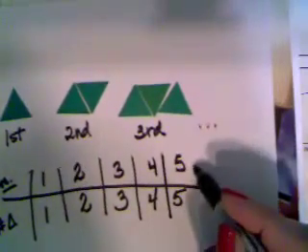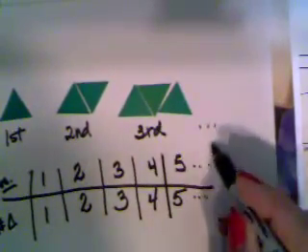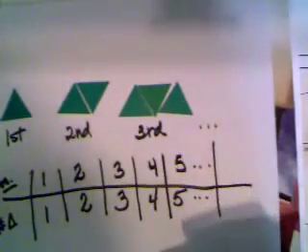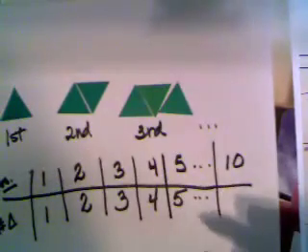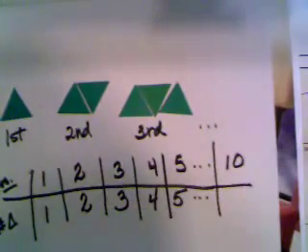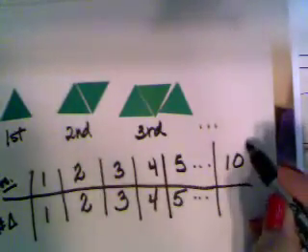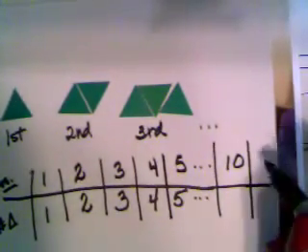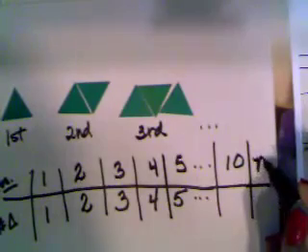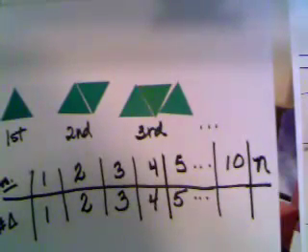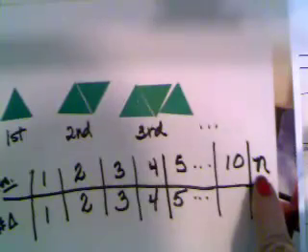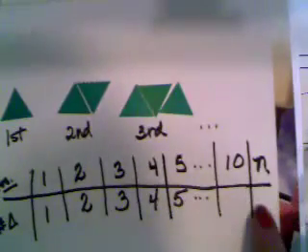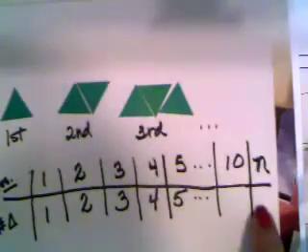As the students begin to get older, you might ask them, okay, how many triangles would there be in the 10th? How many would be in the 20th? And in the middle school, you would want them to be able to make a generalization about no matter what number position I give you, what would be the number of triangles that you would have.